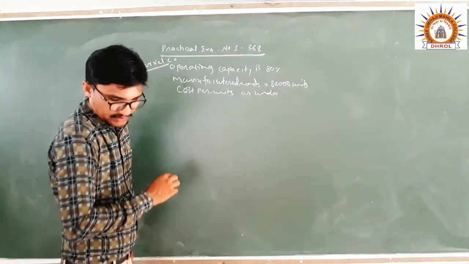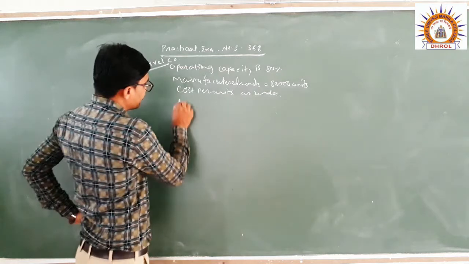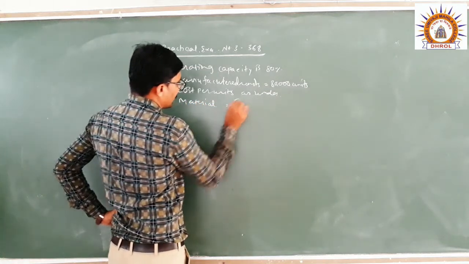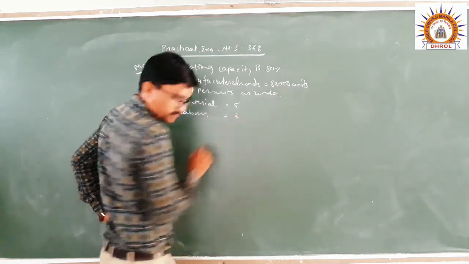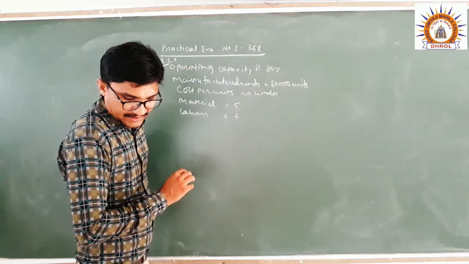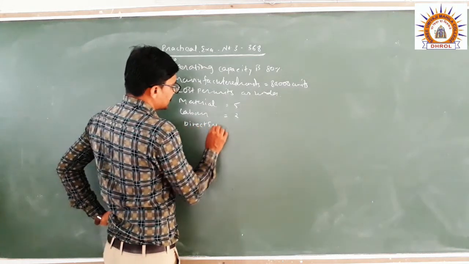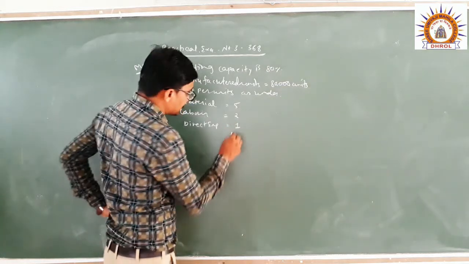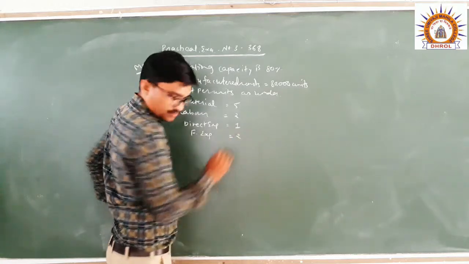So first of all, material is rupees 5, labor is rupees 2, then direct expense is rupees 1, then fixed expense is rupees 2.